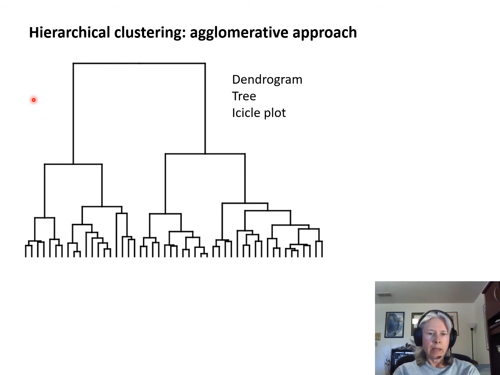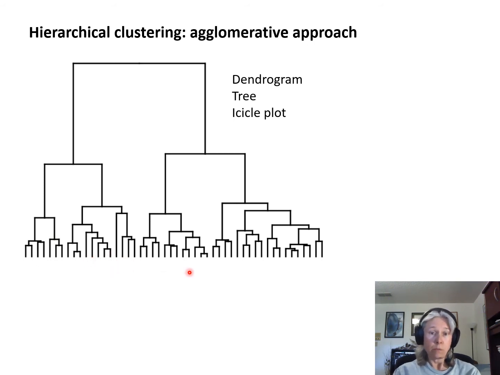And so this axis of dissimilarity indicates where you are seeing clusters. So remember, this is hierarchical clustering. There's clusters within clusters. So here's two clusters, and then this one is further broken down into two, and this one is further broken down, and so on and so forth. Okay, so you can see how this is generated.